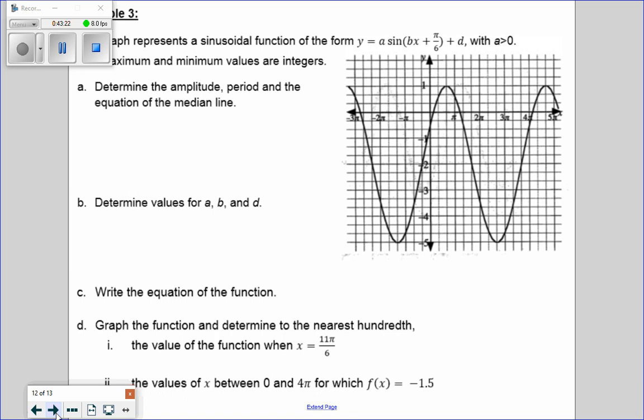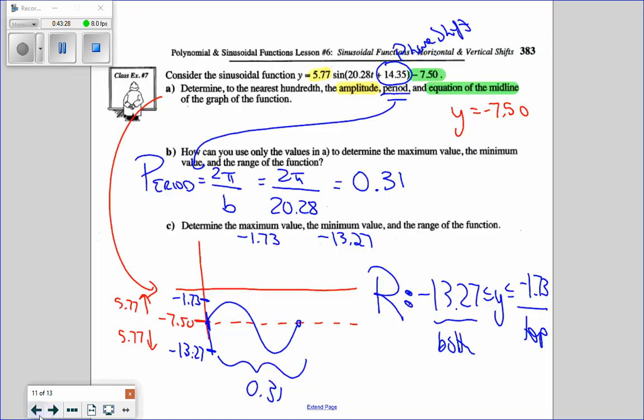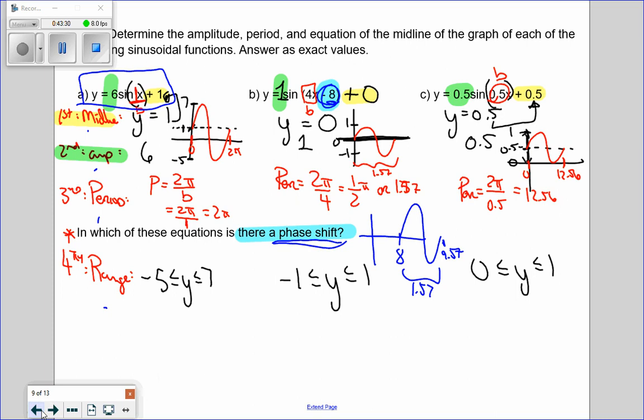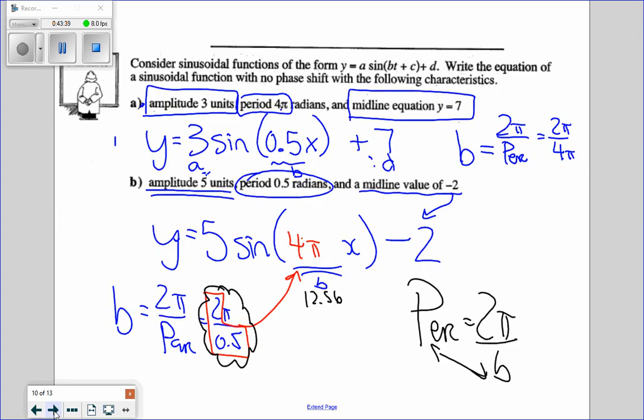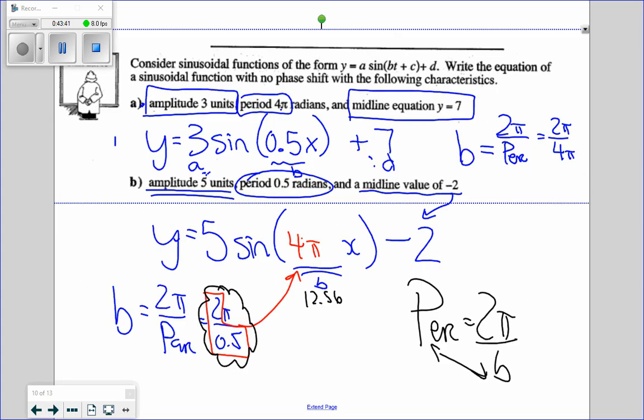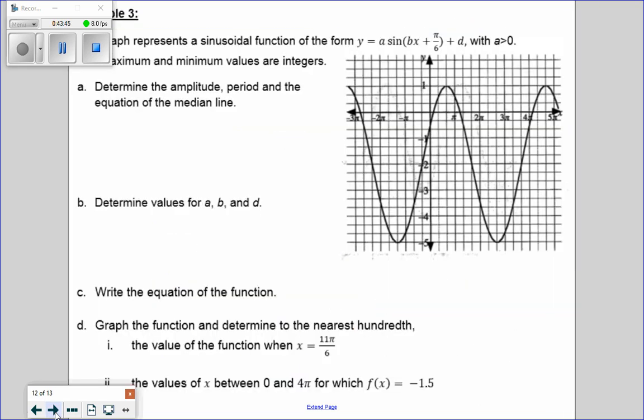Option number 1 is I give you the equation, you give me all the stuff. Option number 2 is I give you the stuff, you find me the equation. Option number 3 is I give you the graph and you give me the equation and the stuff and everything.